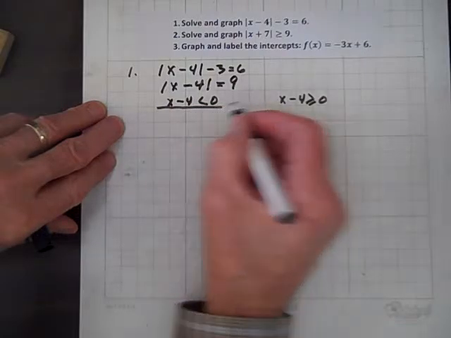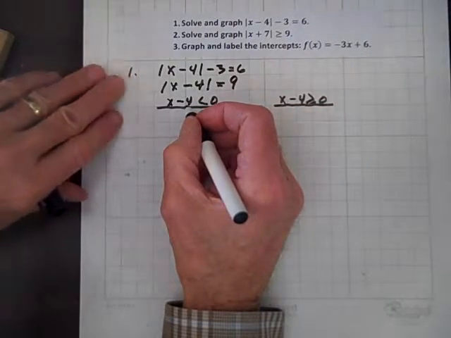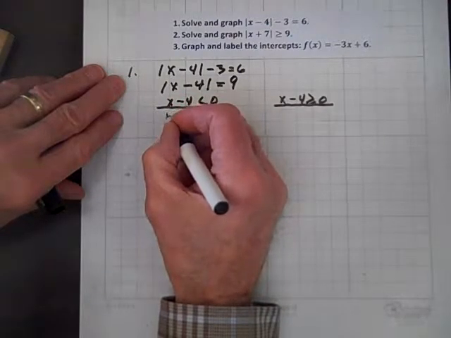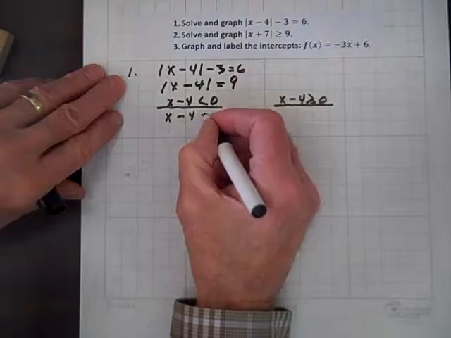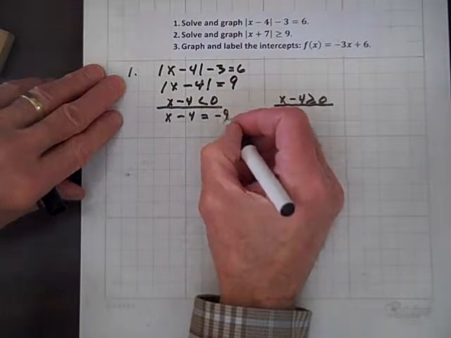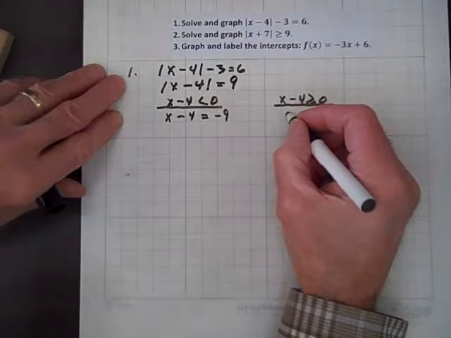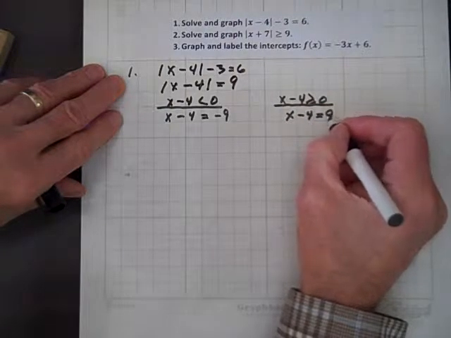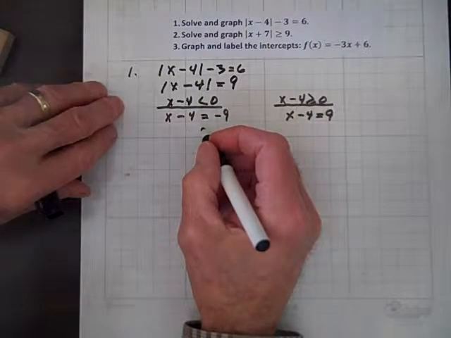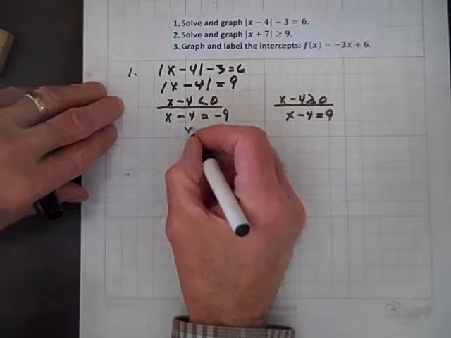In the first case, we can dispense with the absolute value bars by replacing 9 with minus 9. In the second case, we can simply dispense with the absolute value bars, so we get x minus 4 equals 9. Now, next step, we need to isolate x, so we'll add 4 to both sides.